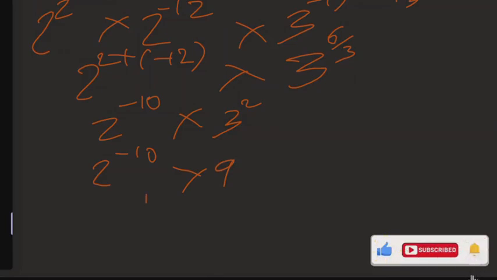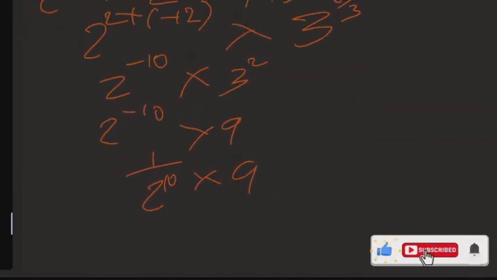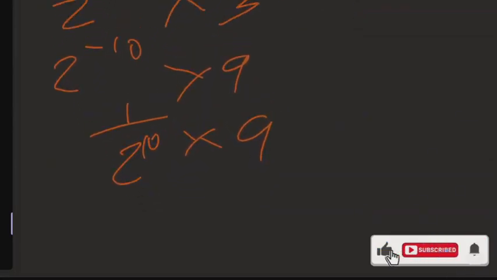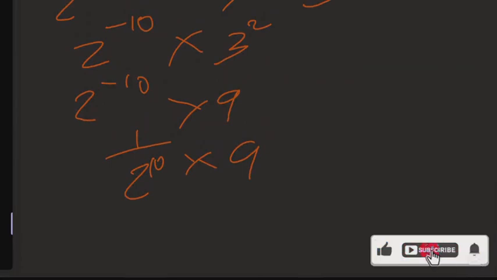We know we can write this as 1 over 2 raised to the power of 10, times 9. So basically our answer is just 9 over 2 raised to the power of 10. Because there's nothing we can do here again, except we can just multiply. So that's it for this.